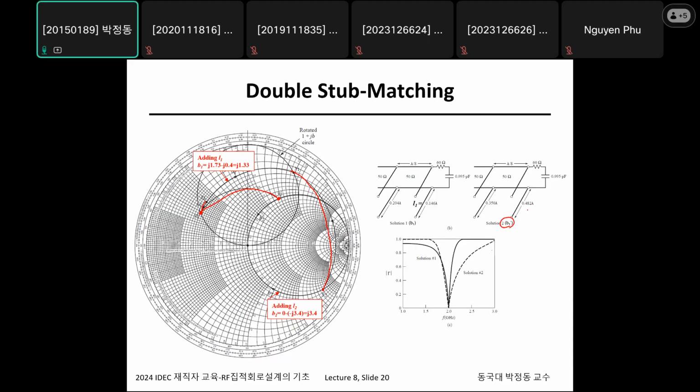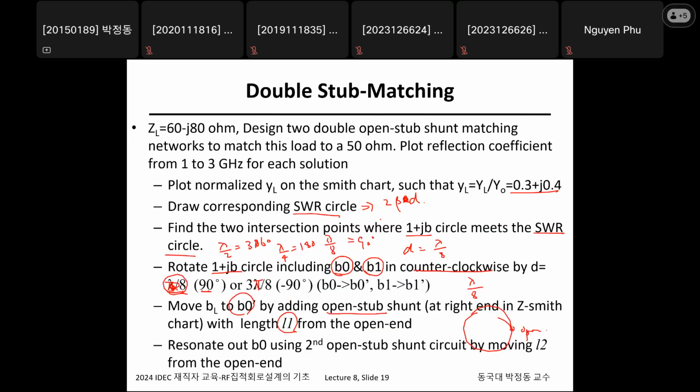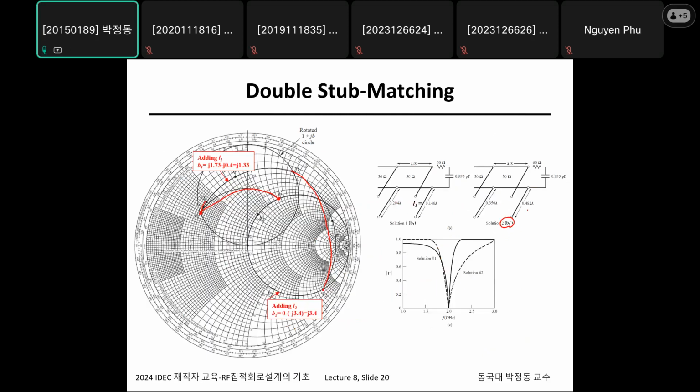Okay, once you choose this, then you just move this line. At this point, if you move back to here, you have to meet here, which resonates out with this.